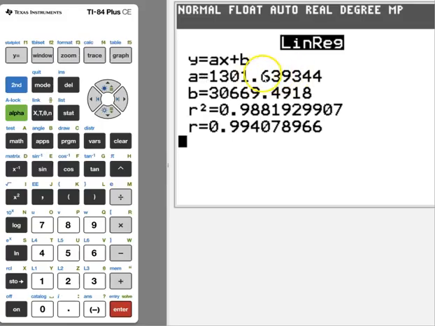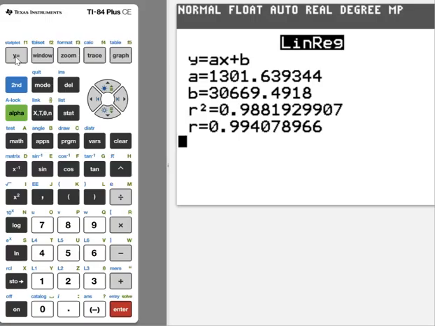So if I round off A, that's going to be 1,302x plus my B value was 30,669. So that's going to be y equals 1,302x plus 30,669.